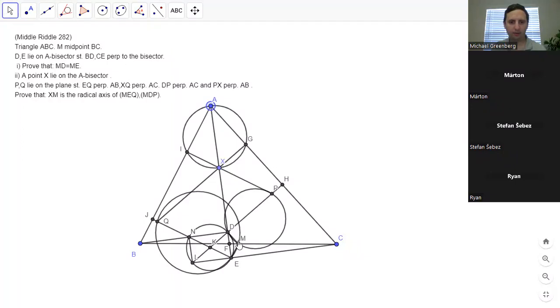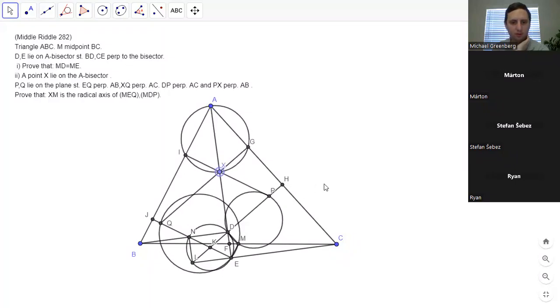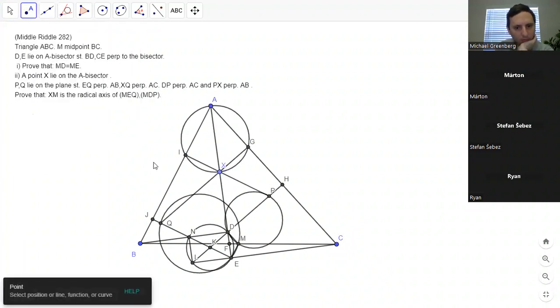So M lies on the polar of X. I don't know what to do with that, but maybe there's a way to use Pascal's theorem somehow. Intersect those two circles, QME and DMP, with XQ and XP.